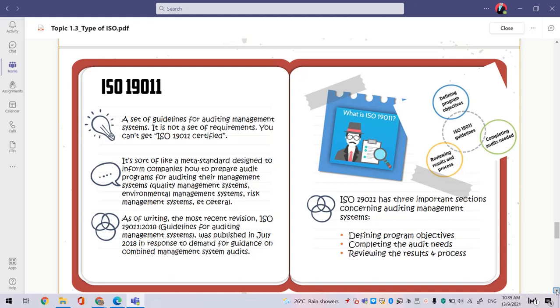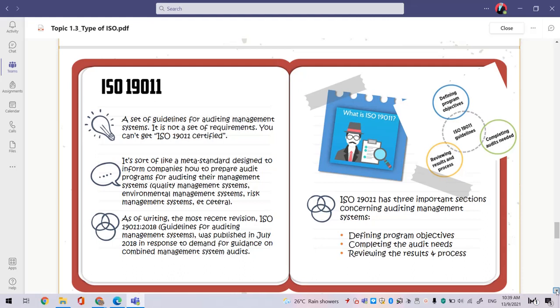As of writing, the most recent revision, ISO 19011 version 2018, Guidelines for Auditing Management Systems, was published in July 2018 in response to demand for guidance on combined management system audits.